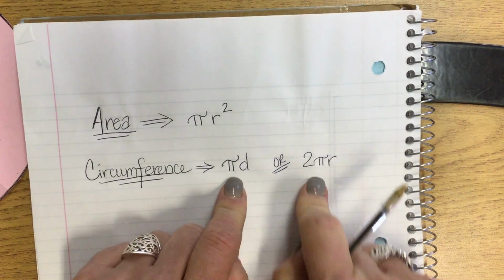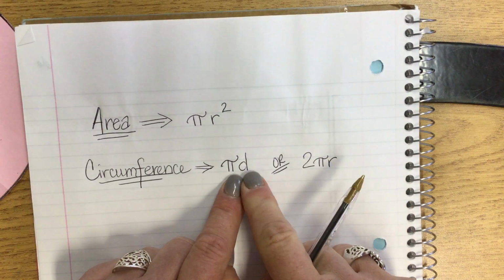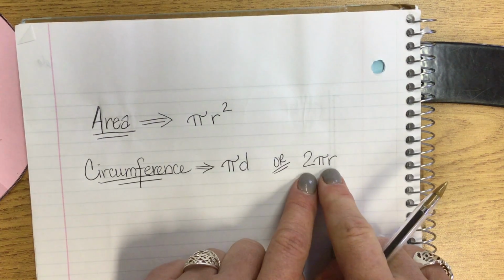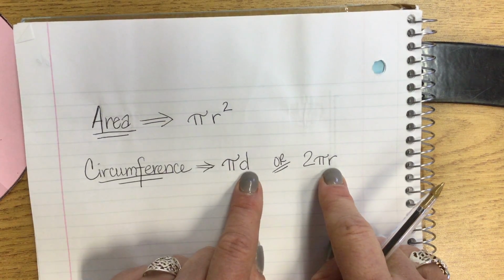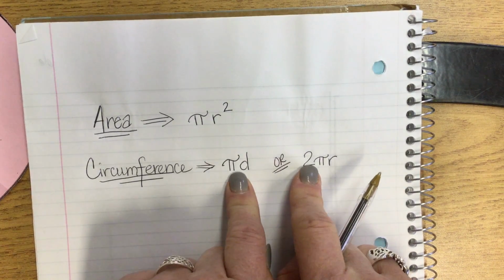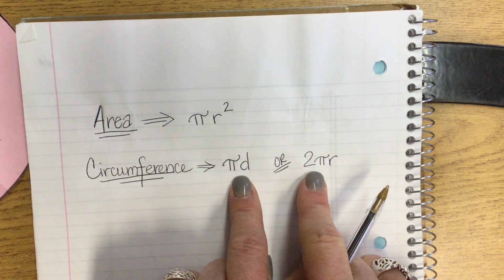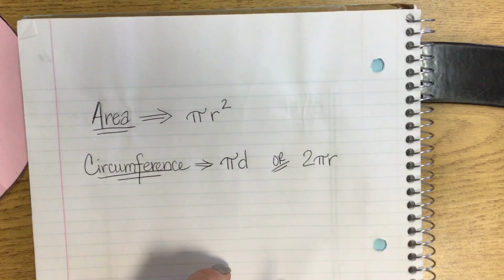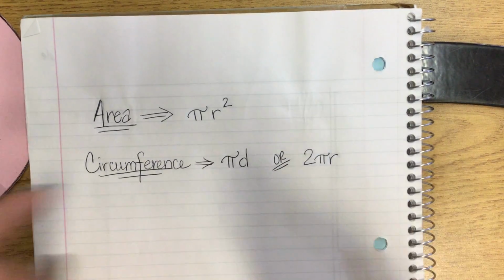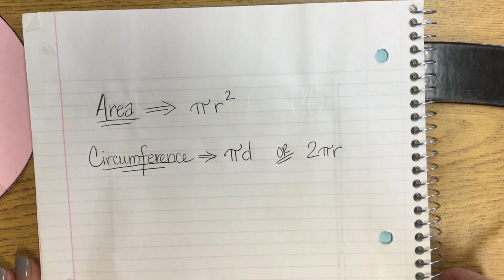So why the different formulas? Sometimes you're given the diameter, and twice the radius is the same thing as your diameter. So depending on what you're given, whether it's the diameter or radius, you'll use the one that fits.